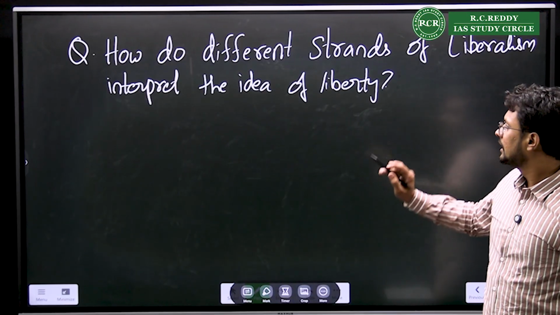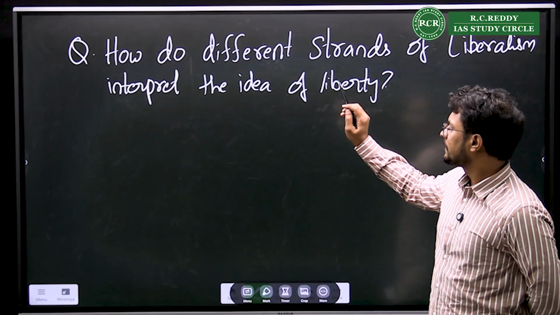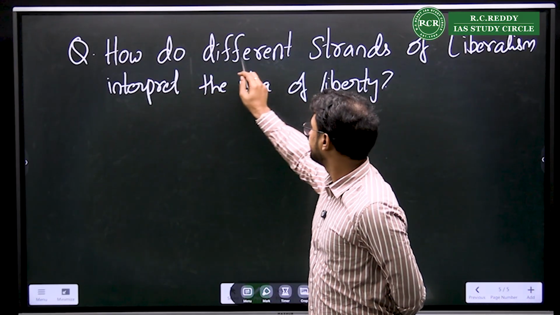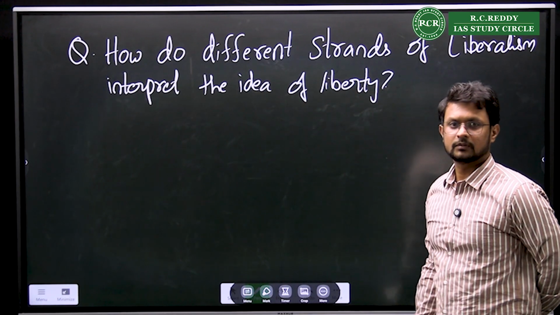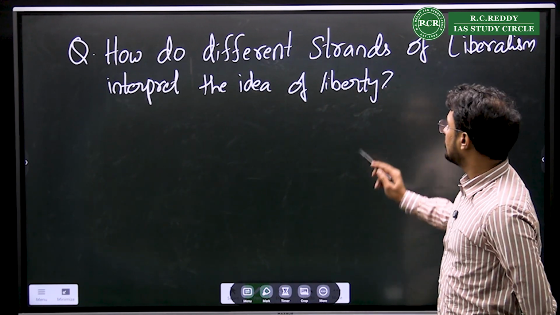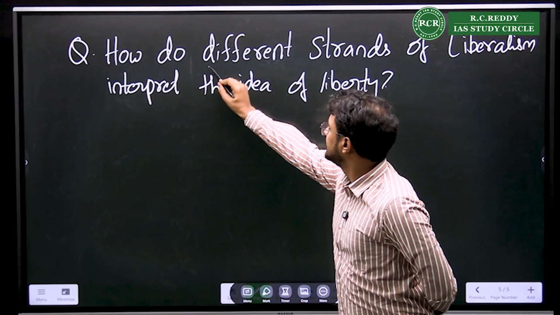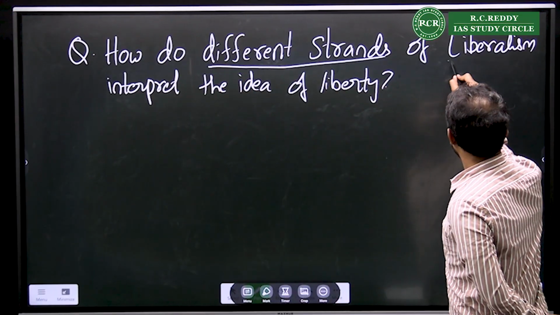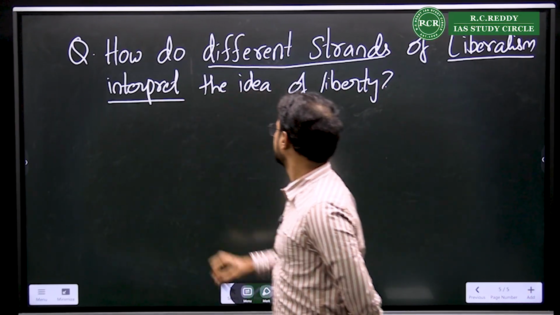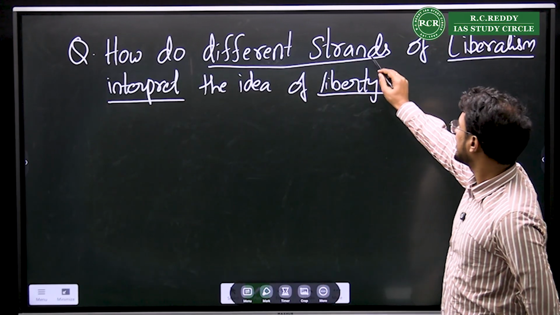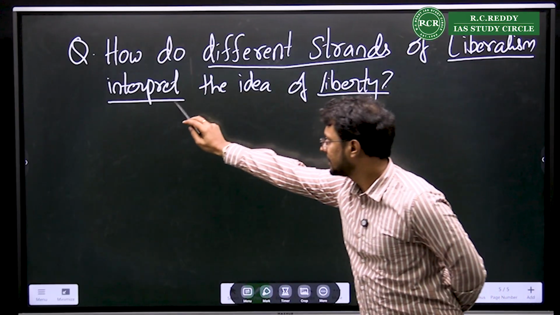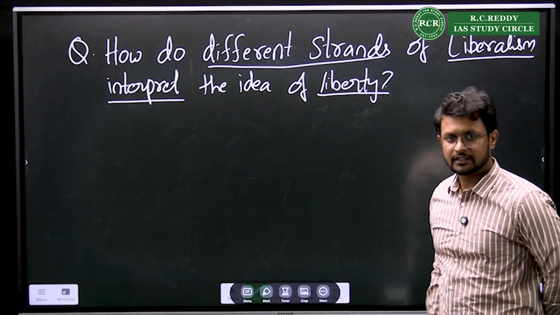If you see, the question is, how do different strands of liberalism interpret the idea of liberty, right? So, what are the keywords here? Different strands, liberalism, interpret, liberty.